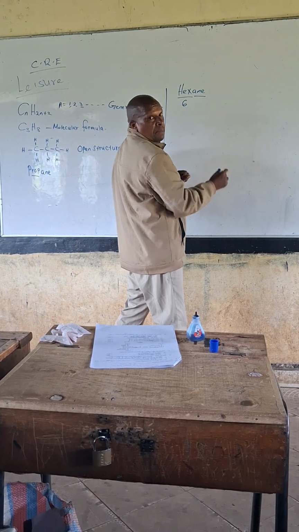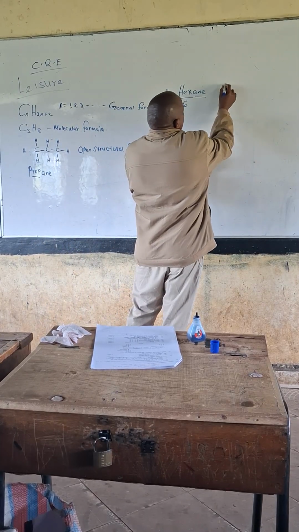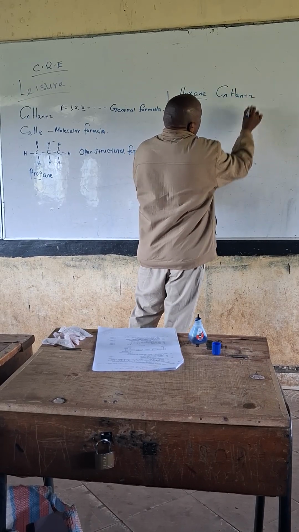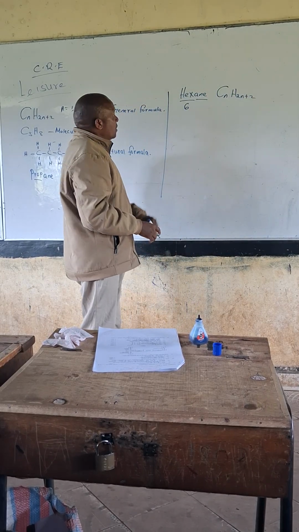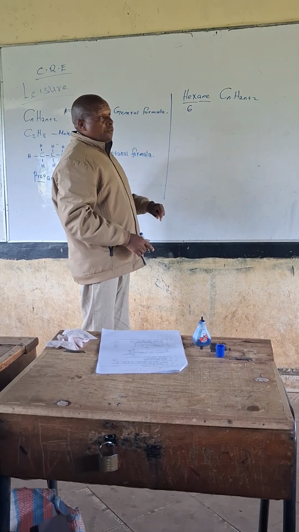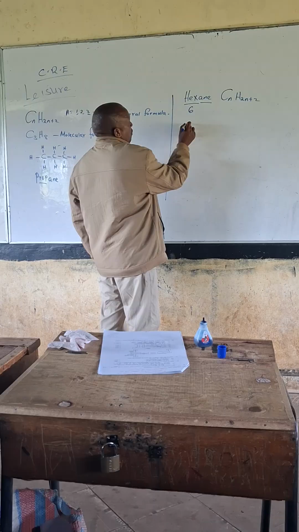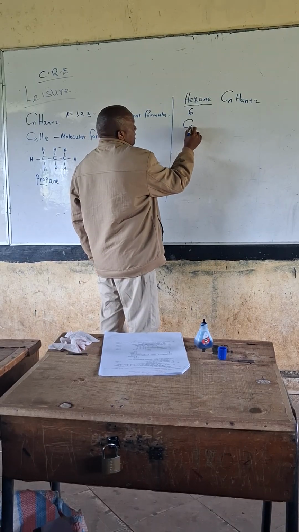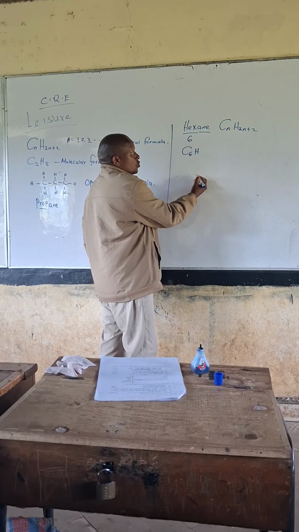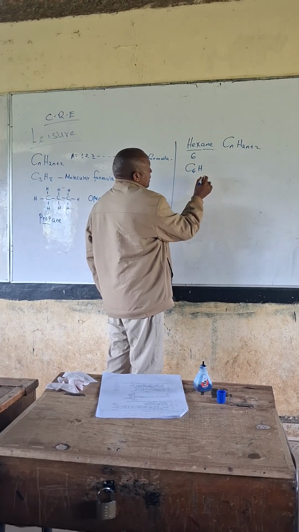So we have the alkane. We still remember the general formula, which is CnH2n plus 2. Are we together? So if n is equal to 6, what will be the molecular formula? Let us use the general formula: C6H2n, 2 times 6, 12, plus 2, 14.